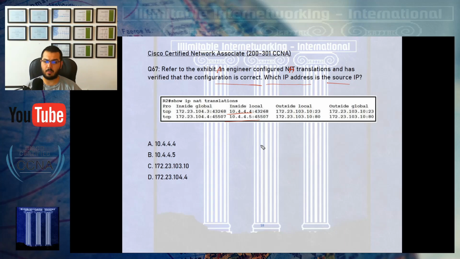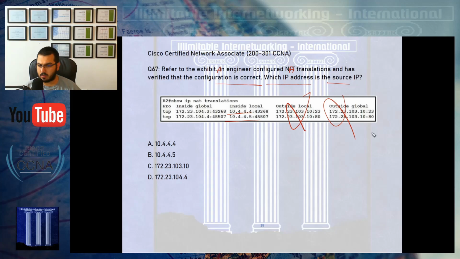Inside global is the public IP address that my company has bought for itself. So what do we have here? Which IP address is the source IP? Those guys are a destination. So it's one of 4 IP addresses and 3 of them are already listed.